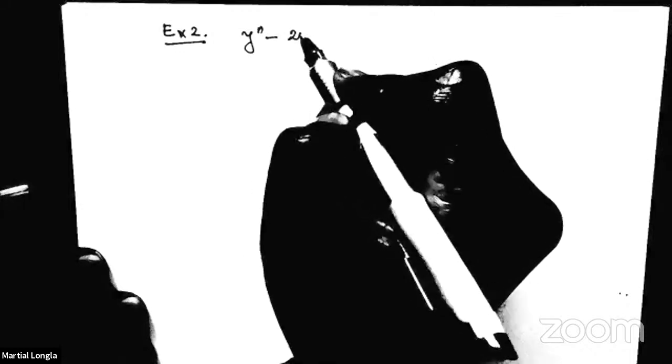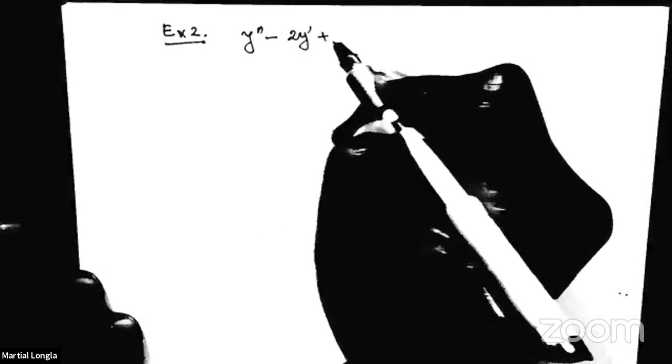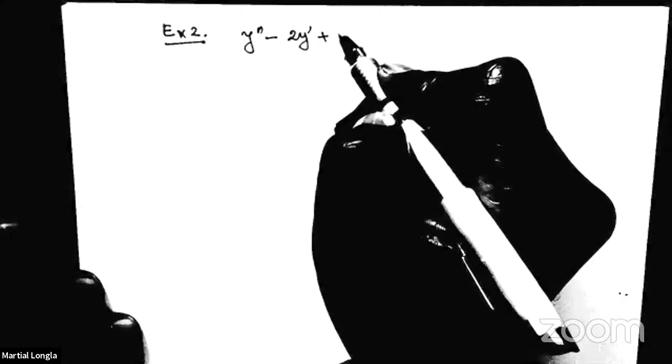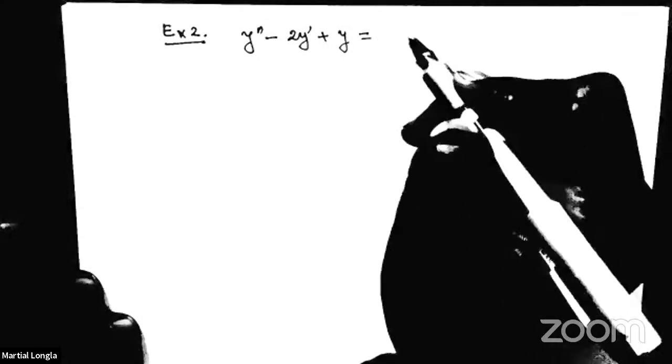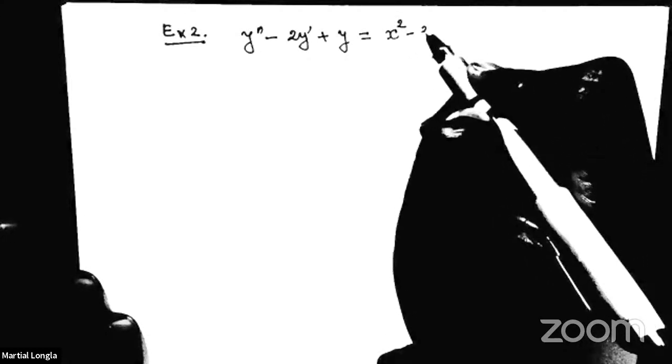Let's say here we got example 2. And that example 2 is second derivative minus twice the first derivative plus the function equals x squared minus 3.